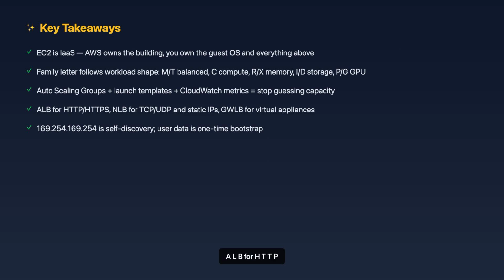ALB for HTTP and HTTPS, NLB for TCP, UDP, and static IP requirements, GWLB for virtual appliances. And 169.254.169.254 is self-discovery, while user data is a one-time bootstrap.